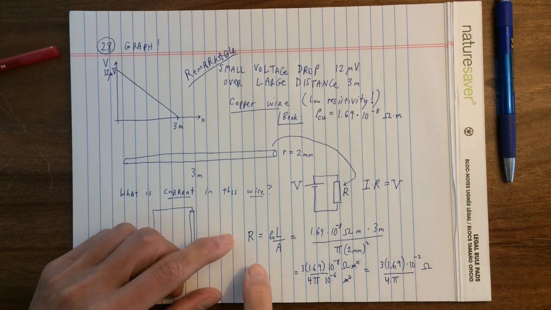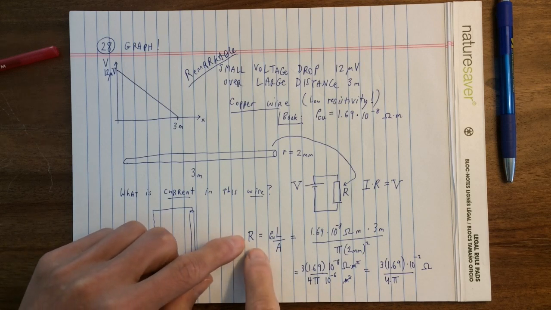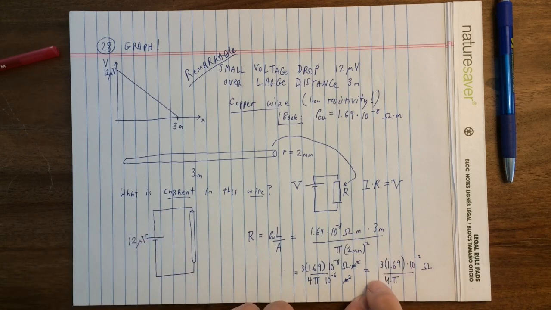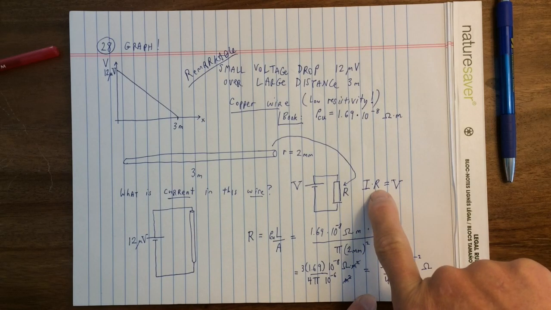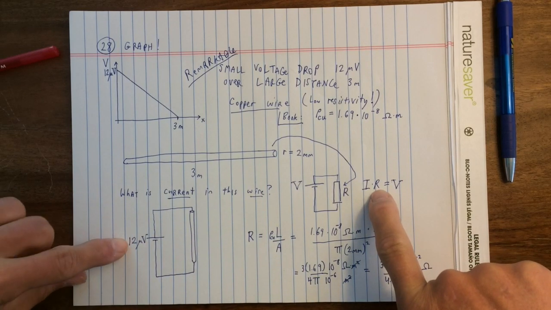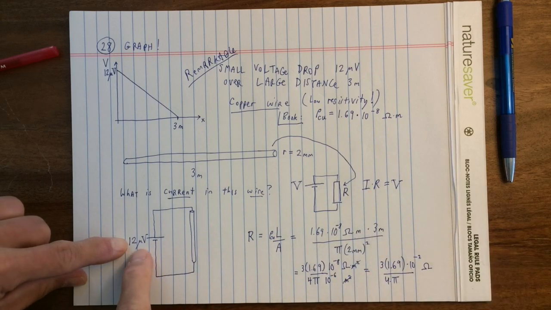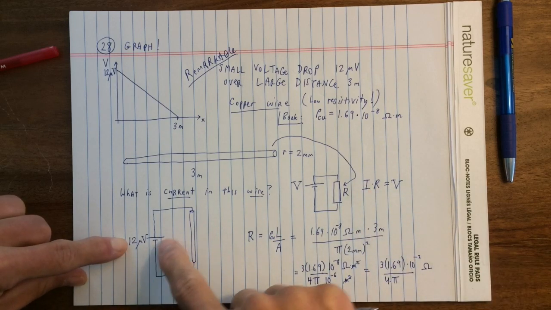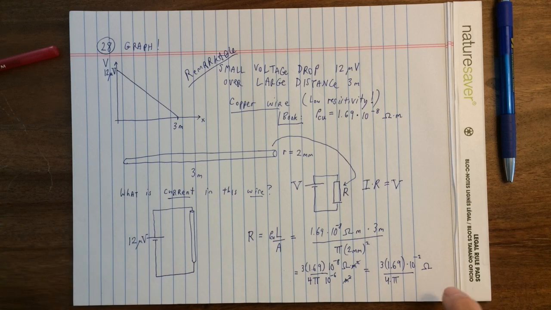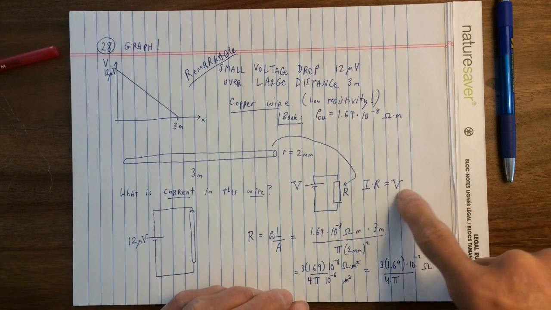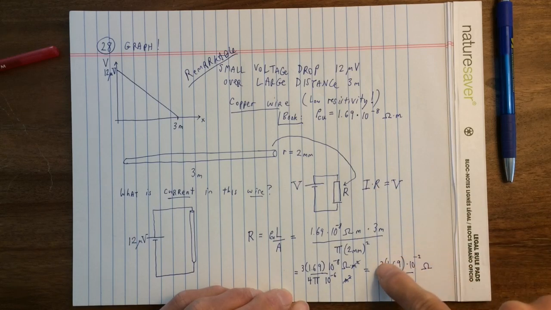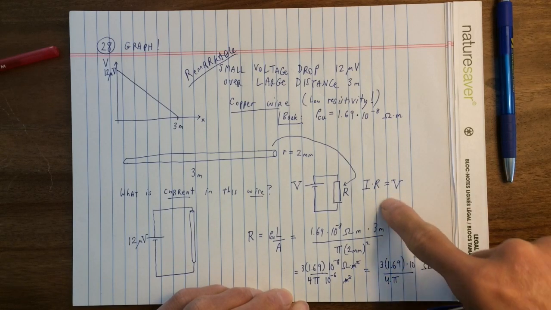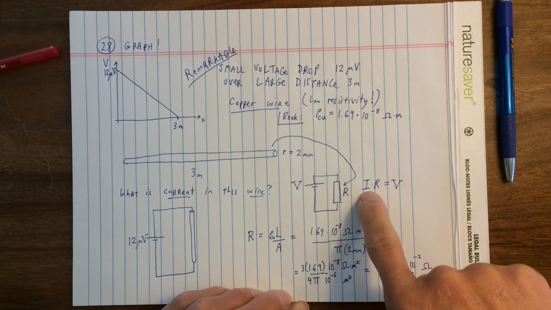So the resistance is this thing right here, so I can put in the resistance there, and if my model assertion is correct about the 12 microvolts as being a battery that's pushing the current through my resistor here, then I can just solve everything. I got 12 microvolts. I have this particular resistance that I still need to calculate, right? And I can solve for the current.